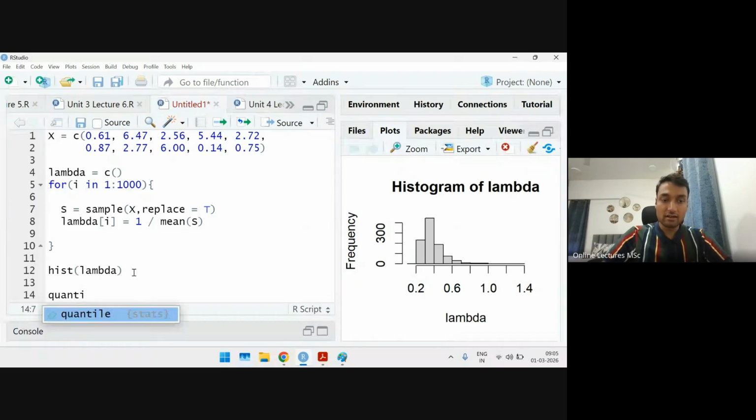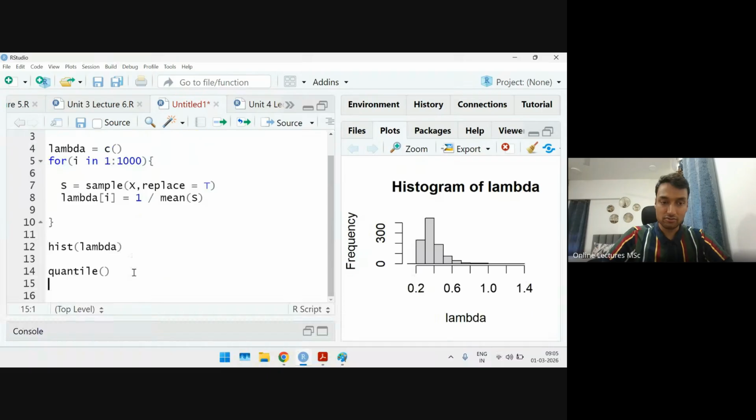You would use a quantile function because it's an empirical distribution. What do I want to find quantiles with respect to? Lambda. So what will be the probabilities for a 95% confidence interval, guys? It will be 2.5% and 97.5%.